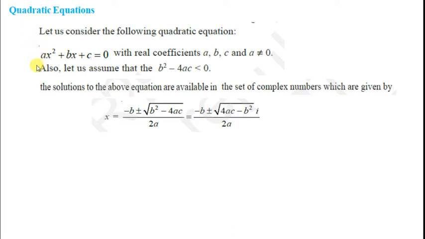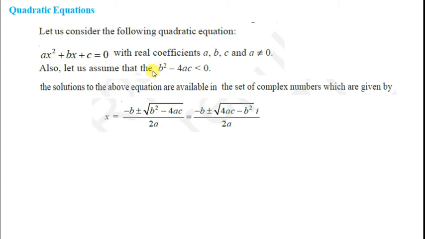Suppose we have the quadratic equation ax square plus bx plus c equals 0 with real coefficients a, b, c, and a is not equal to 0, because if a is 0, then it will not remain a quadratic equation, it will become a linear equation.